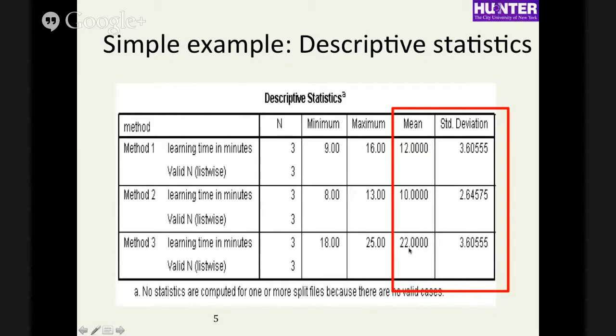And the question here really is, are the differences in means more than you would expect if the population means are the same? Because even if you have the same population means for these 3 methods, so maybe they're all really the same method, you're going to get some variation in your sample means, right? Just due to sampling variation.